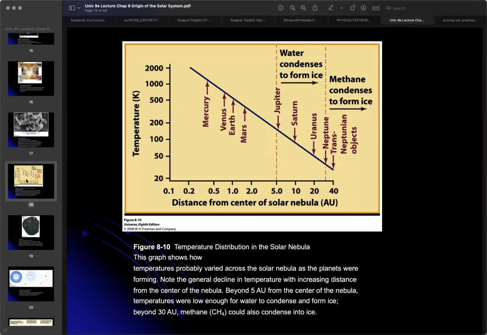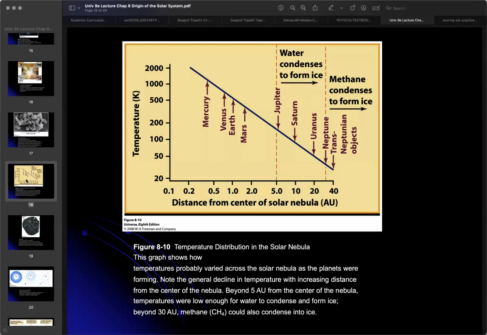Temperature distribution in the nebula. As the nebula was starting to rotate faster and also contract at the same time, the central portion of it contracted so much that it produced heat because of the contraction, and started a nuclear reaction and formed the protosun, which produced the heat.